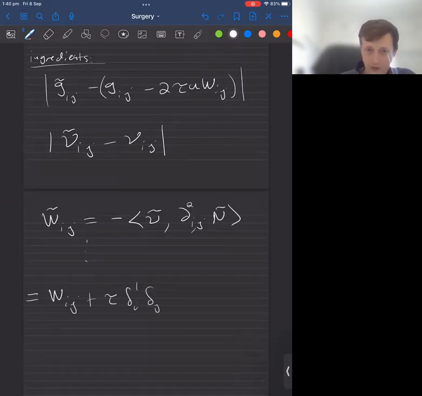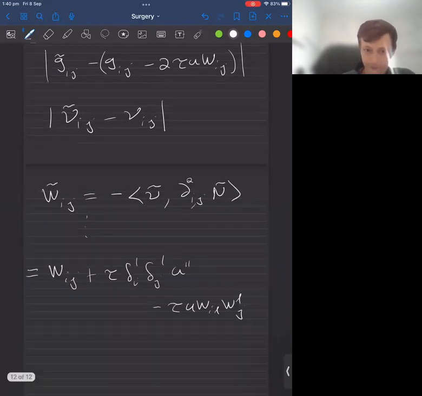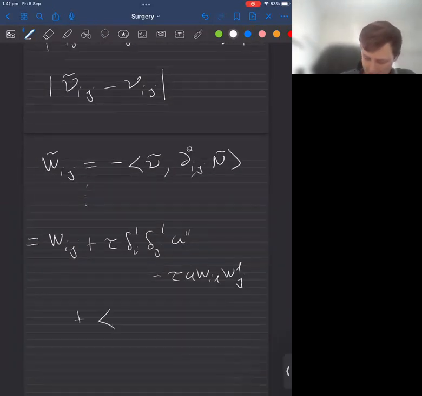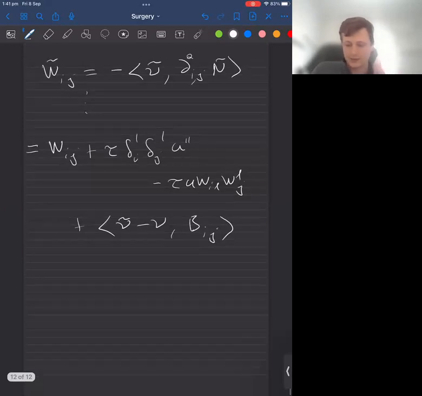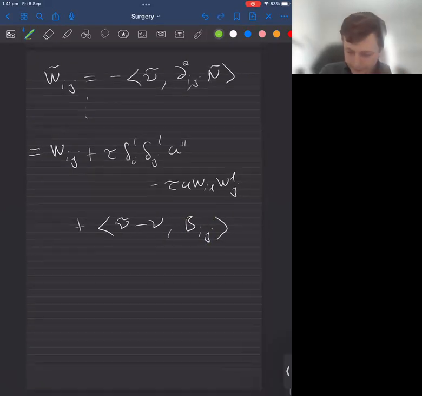You get exactly what shows up in the proposition, so minus tau u plus, and now there's an extra term with a bij. This is kind of a complicated term involving derivatives of the original n and derivatives of u.